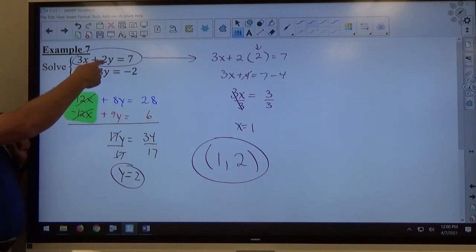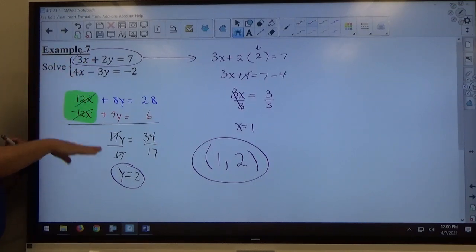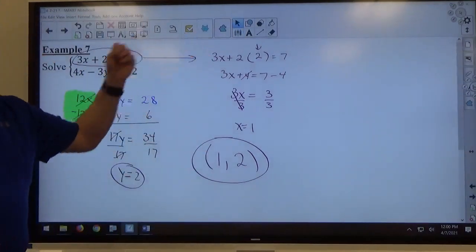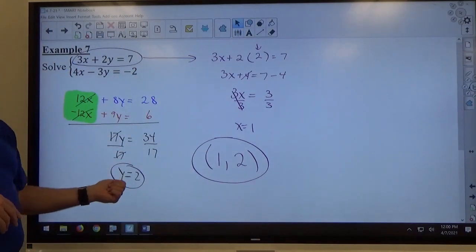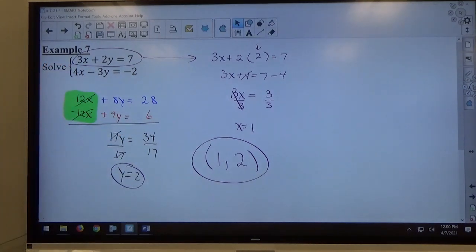So multiply by 3 to get 6y, by 2 to get negative 6y, everything else gets tripled and doubled, and then you'll get an answer very similar to this with the same amount of work. So again, if you get a pleasant answer, substitution is very easy to do. If you get an unpleasant answer, I just go eliminate the other variable to find the other answer at that point. So that's just an advanced knowledge point of view there.